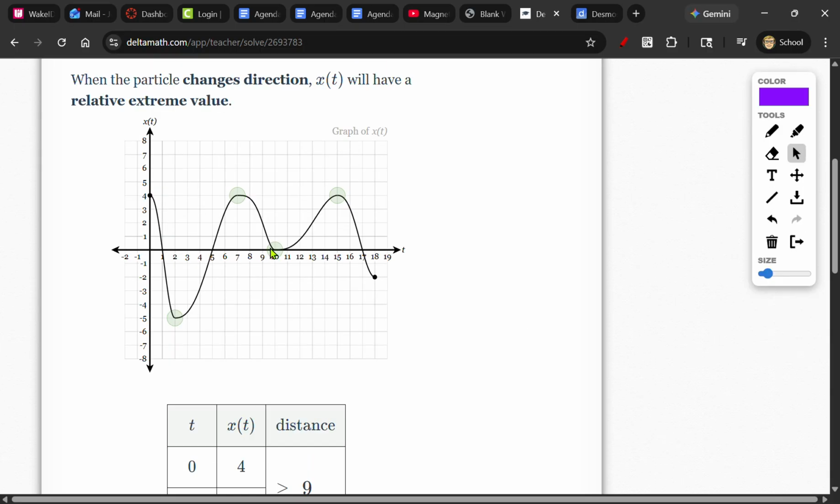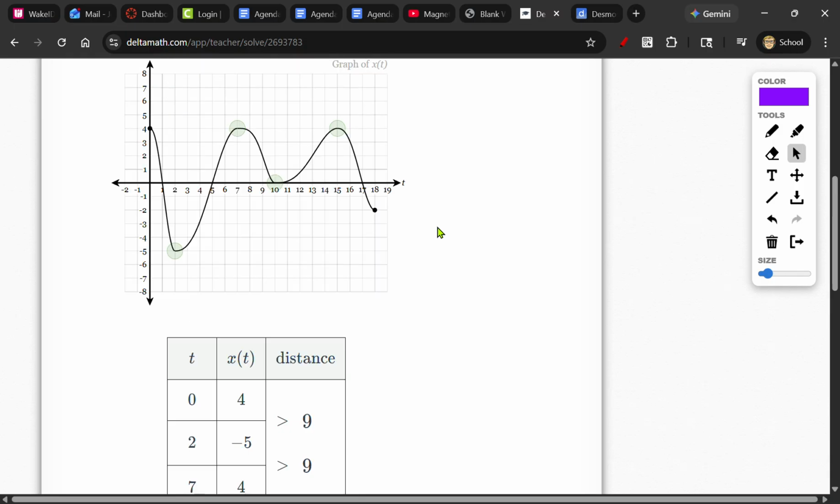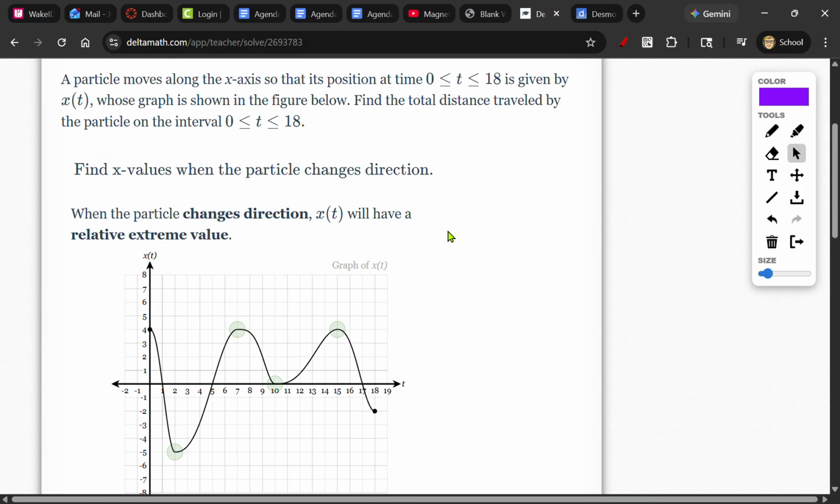So what you need to do is kind of find out what's going on with the derivative. Right? So we're estimating this distance traveled by looking at where these extreme values are. There's a minimum at -5. There's a maximum up here at +4, looks like.